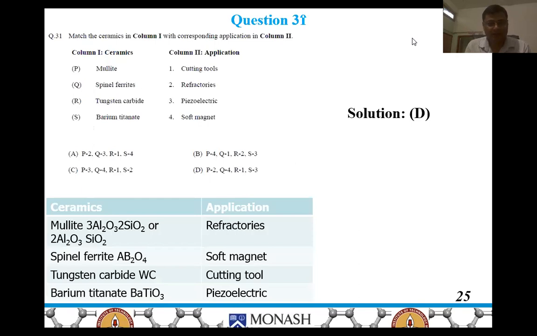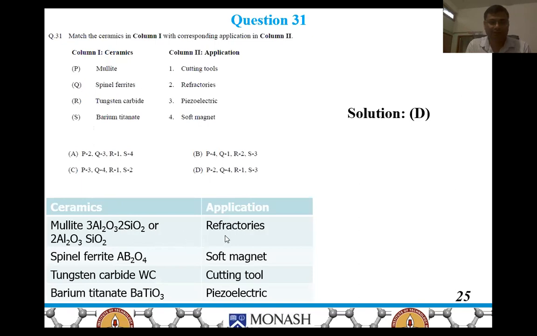Match the ceramics in column 1 with column 2. So mullite is 3Al2O3·2SiO2, or it can be represented as 2Al2O3·SiO2.